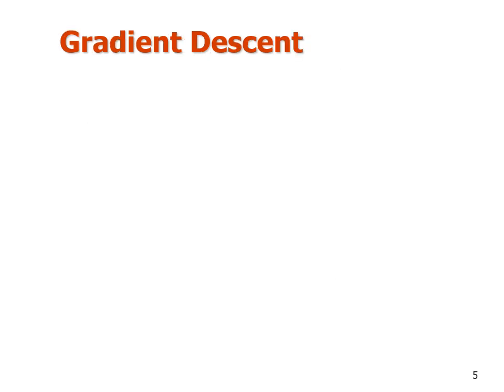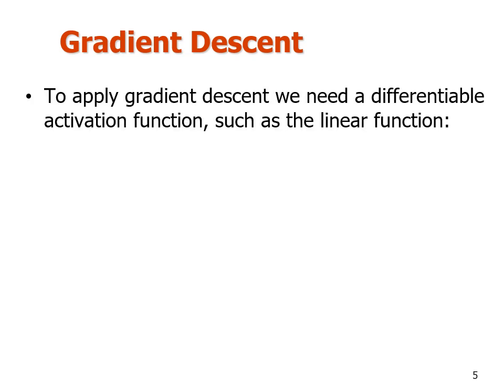Now, please note that while dealing with perceptron, we used earlier the activation function as the thresholding function, and if we would like to apply gradient descent, we need an activation function that is differentiable.